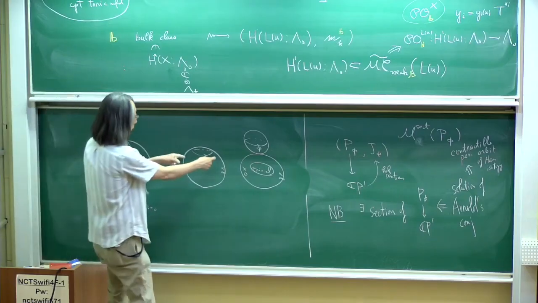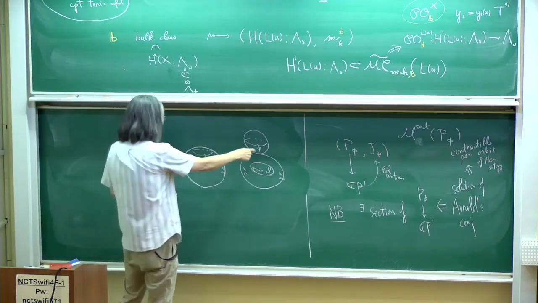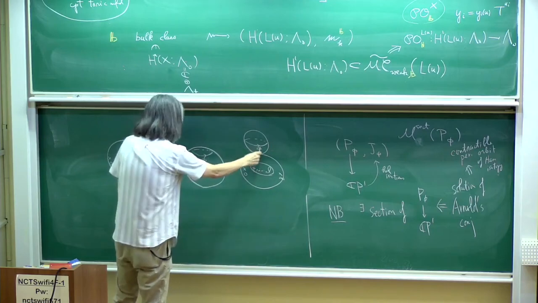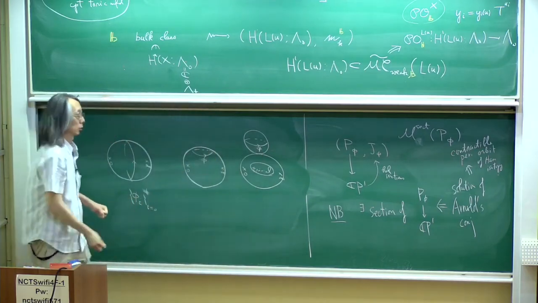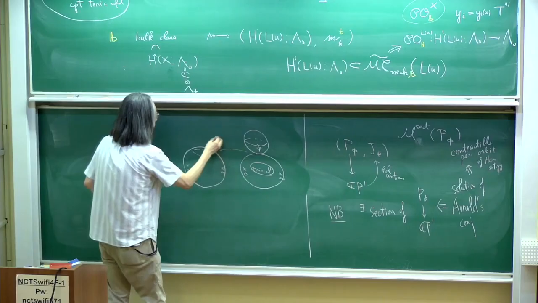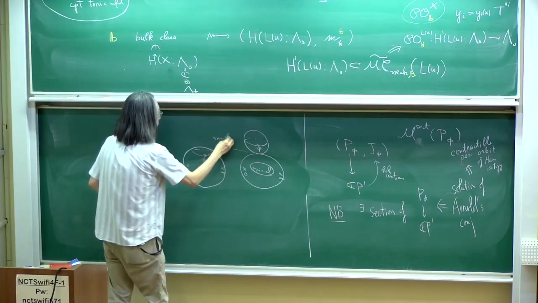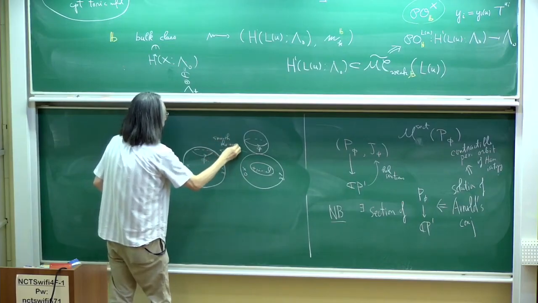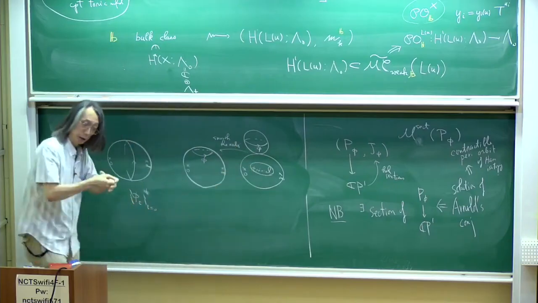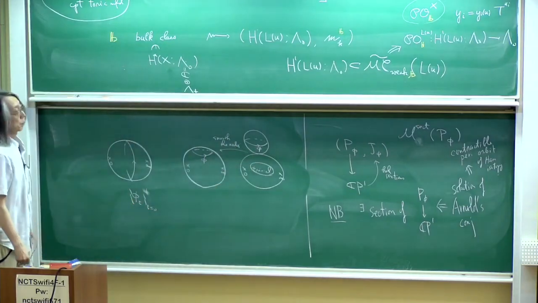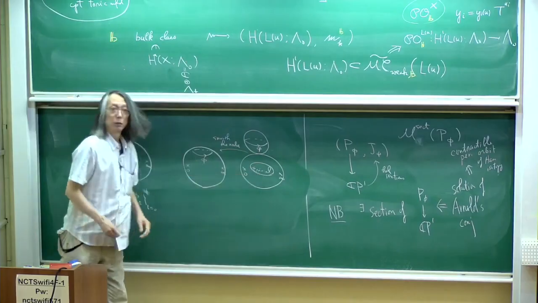But somehow, you just consider this configuration, you just smoothen this, and you get this. So from here to here, this somehow smoothens the node. And this way, you degenerate somehow. So, okay. And then this is trivial.